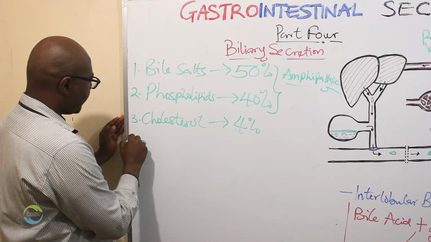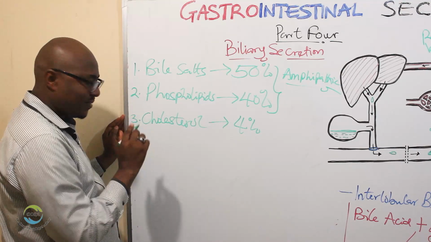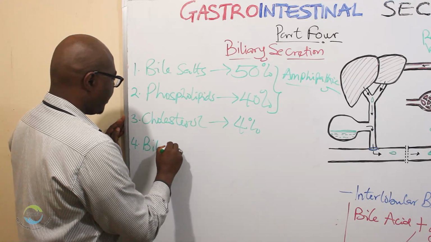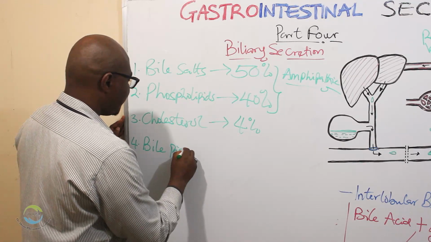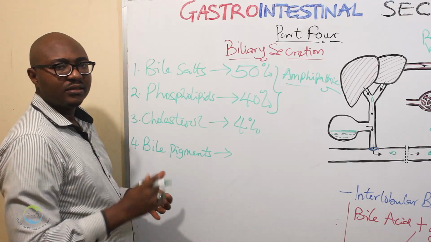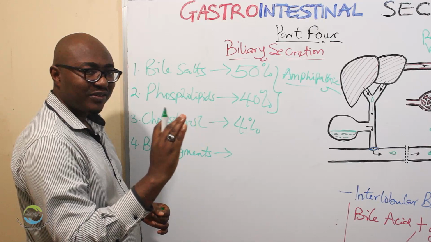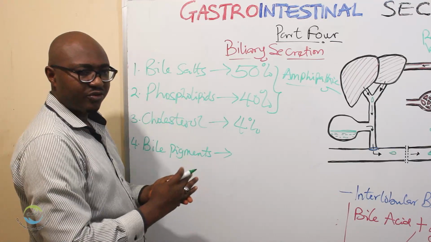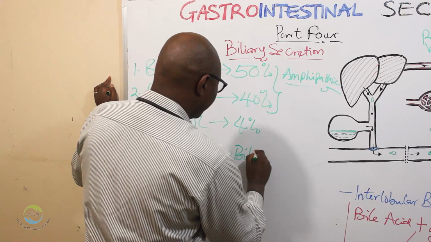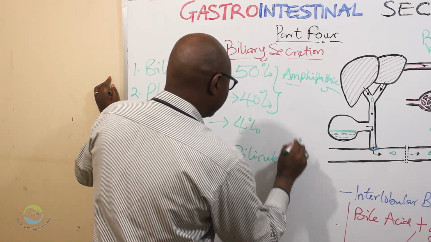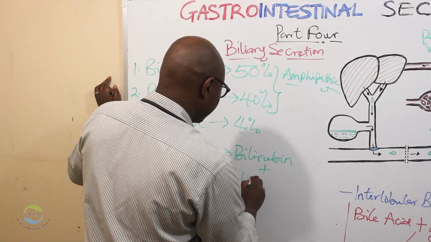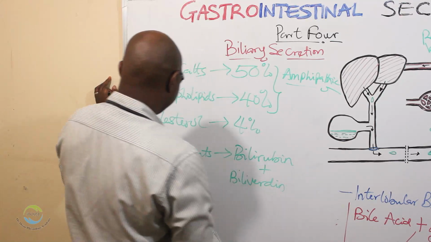Okay, then you now have bile pigments. So what are bile pigments? Bilirubin. I'm sure you've heard of bilirubin before. Bilirubin, biliverdin. So mainly bilirubin and biliverdin. These are bile pigments.